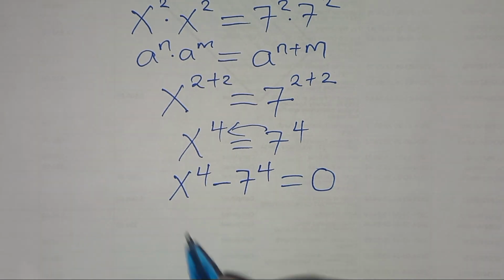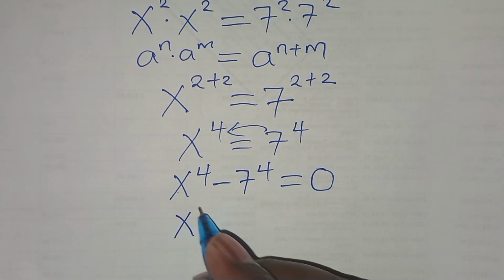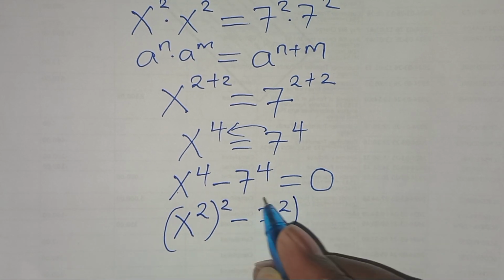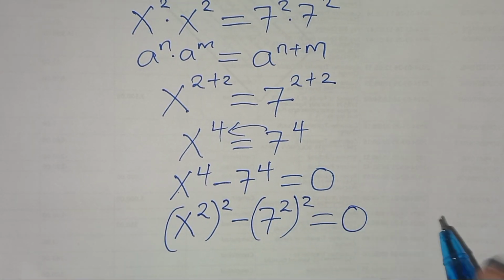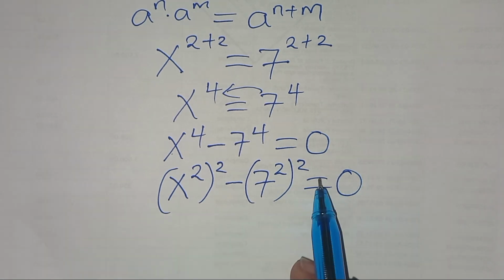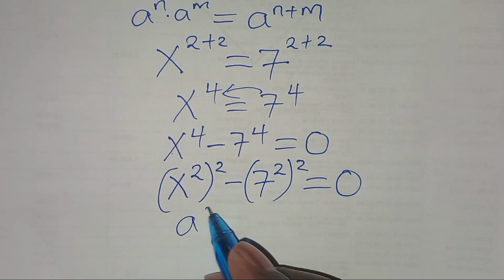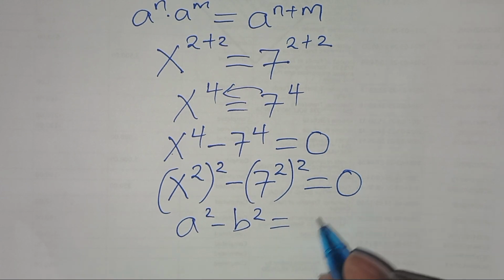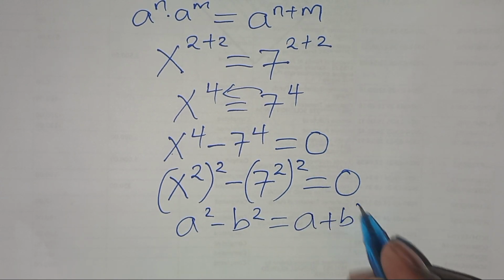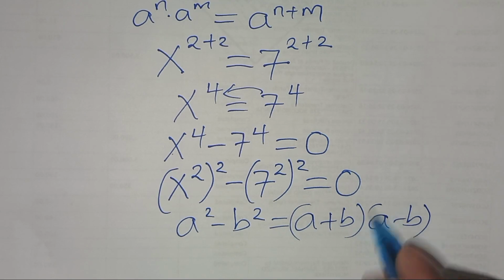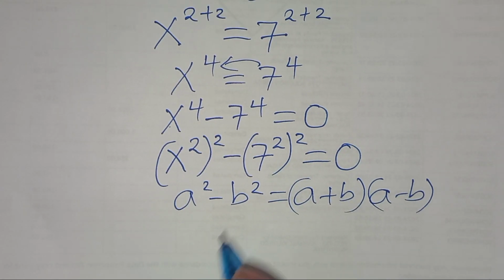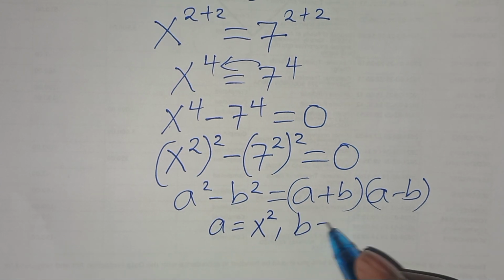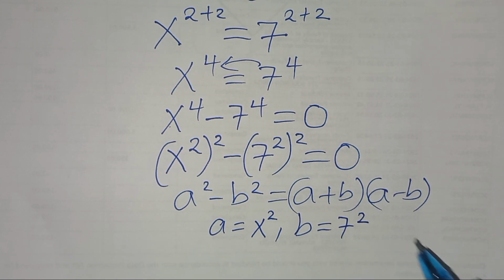Now from here, we can express x to power 4 as x to power 2 squared, subtract 7 to power 2 squared, equal to 0. This is actually in the form of a squared minus b squared, which is the difference of two perfect squares, which you can express as a plus b, a minus b. So in this case, a is equal to x to power 2 and b is equal to 7 to power 2.